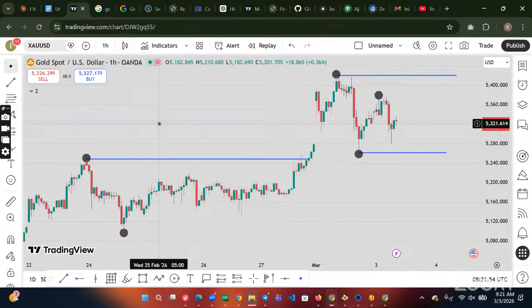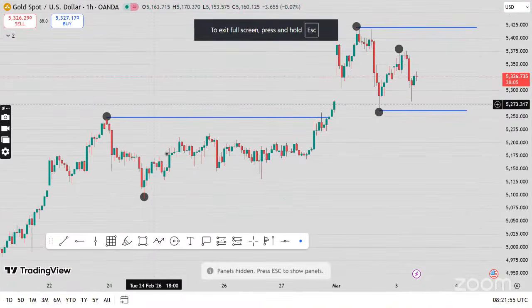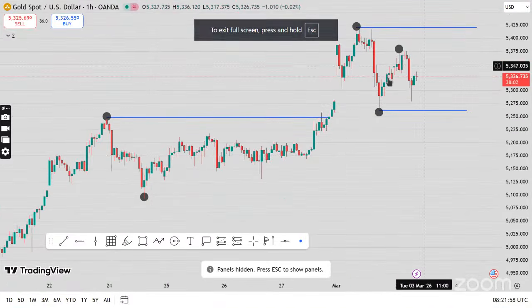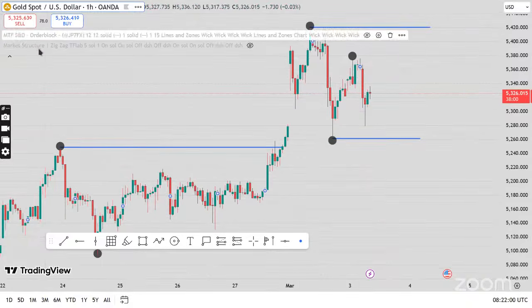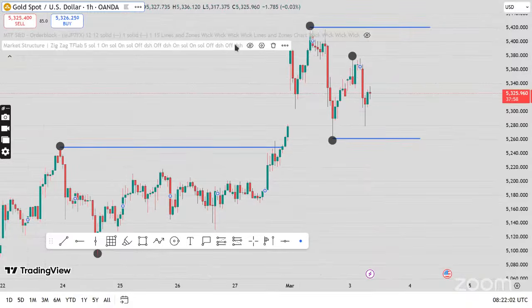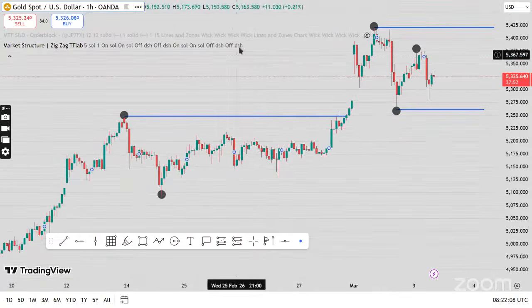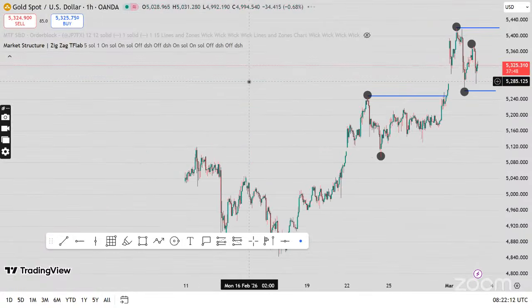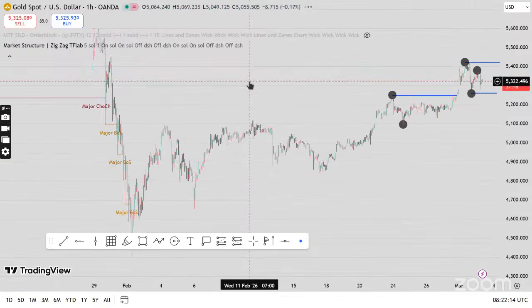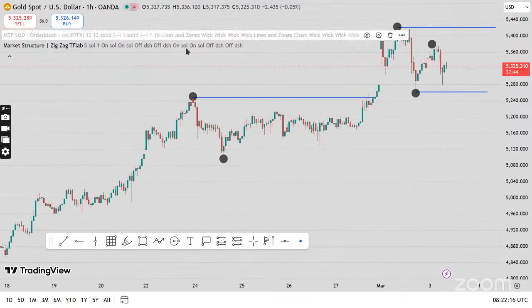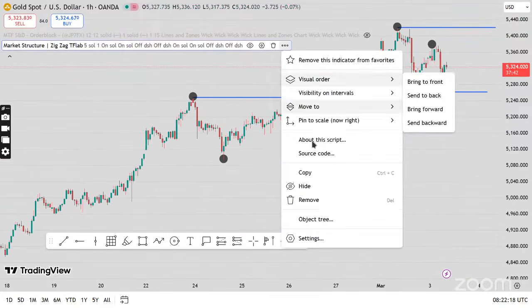Now, note, in case you don't know how to draw structures very neatly, you can use a tool called market structure. If I put up this tool, let me show you what it looks like.